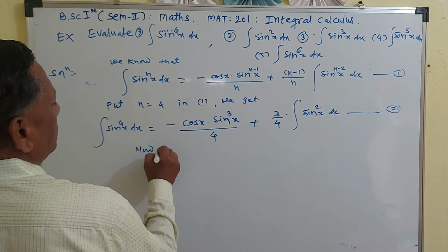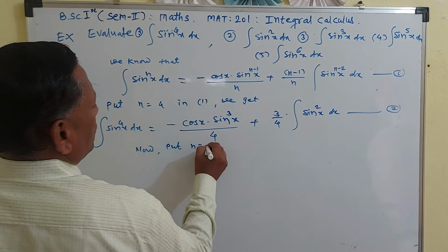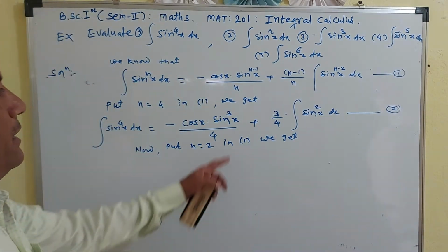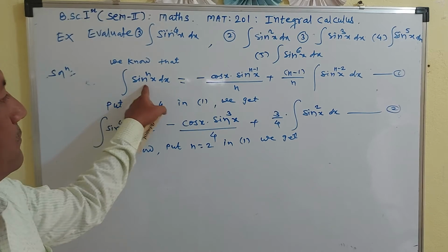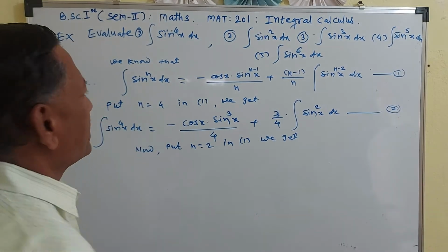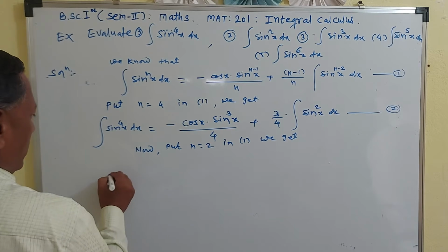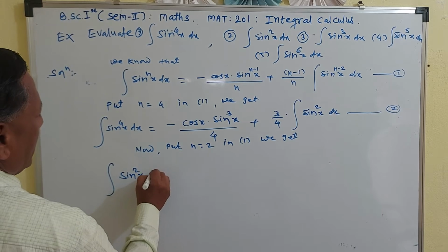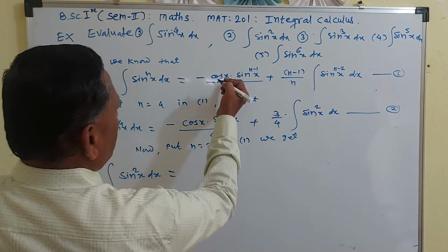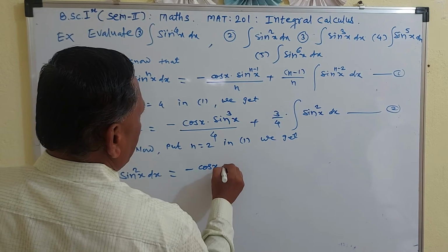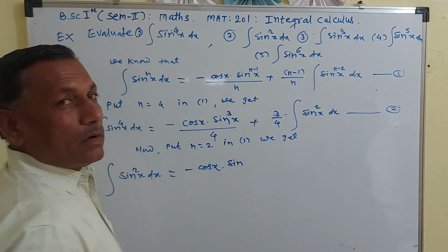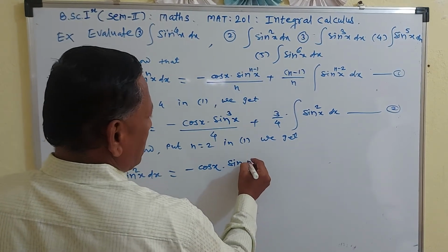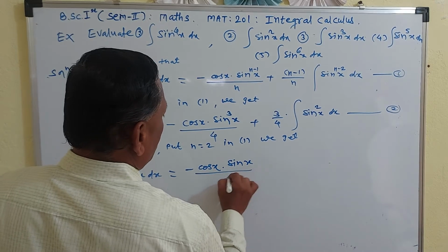Now we put n is equal to 2 in 1. Here you have the integration of sin square x dx. So using reduction formula 1, n is equal to 2, sin square x dx is equal to minus cos x into sin^(2-1) x, that is sin x, upon 2.